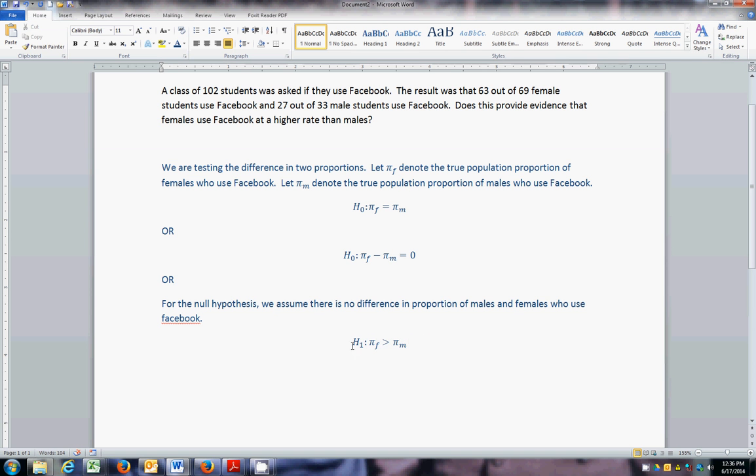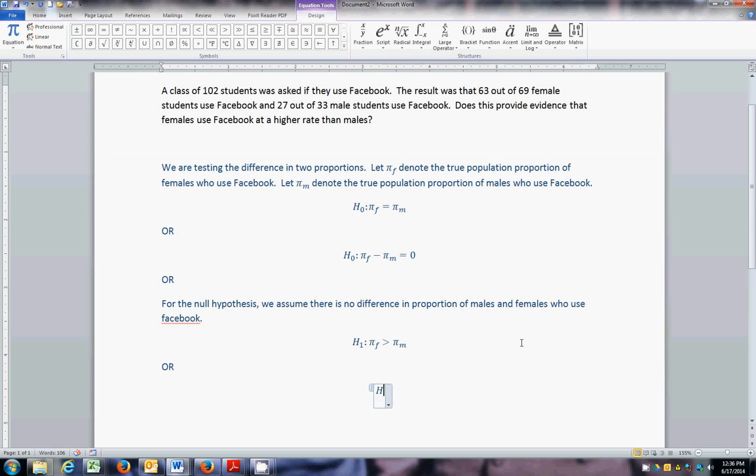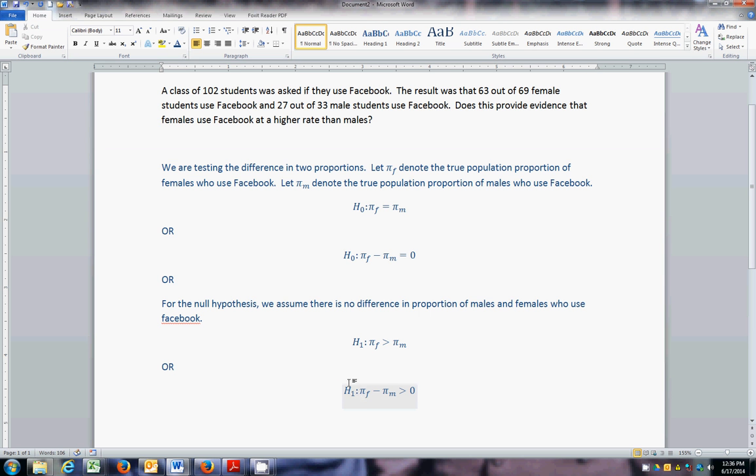So this would correspond with this way of writing it, or we could also write it as a difference. So the proportion of females minus the proportion of males who use Facebook is greater than 0.